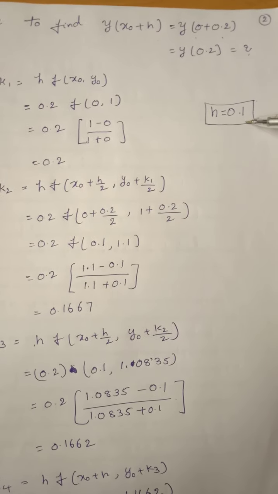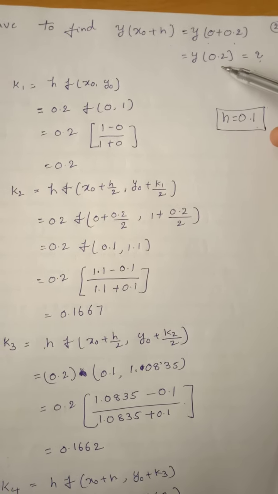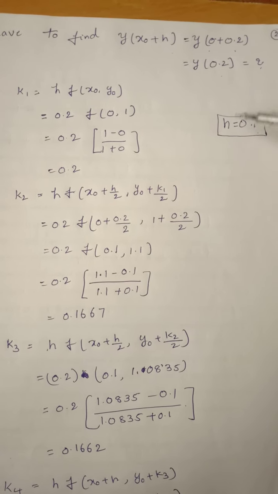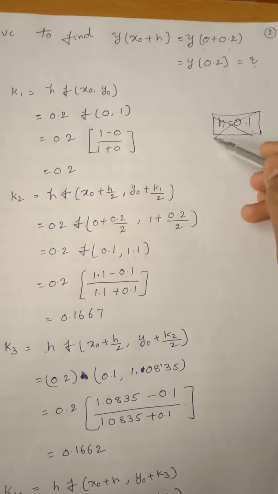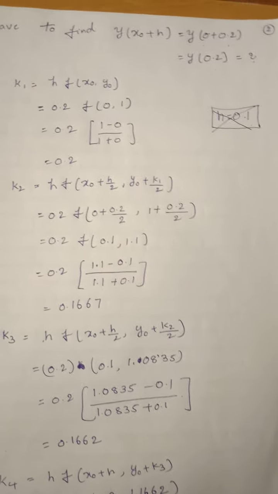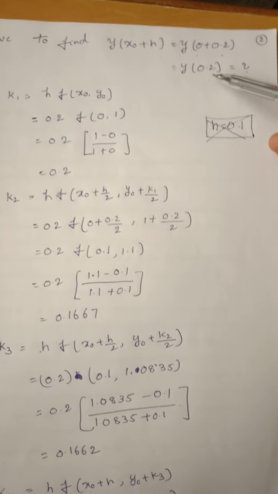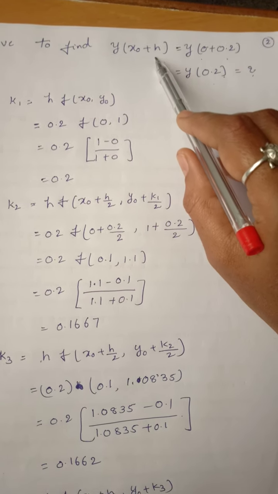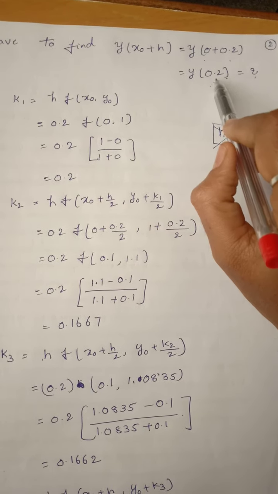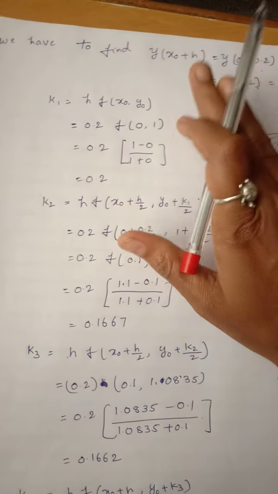Suppose they give h as 0.1, first you find y at 0.1 and again find the value of y at 0.2. But here there is no need to do stages because they clearly mention in the problem the h value is 0.2. So after substituting the h value, directly we get the value of y at 0.2.